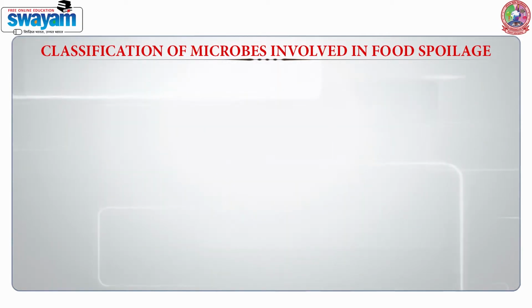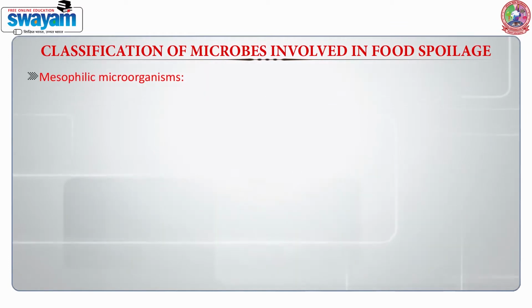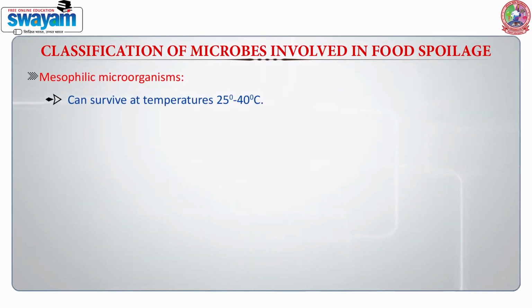The second group of microorganisms responsible for spoilage are mesophilic organisms. As the name indicates, they can survive at a temperature range of 25 to 40 degrees Celsius.